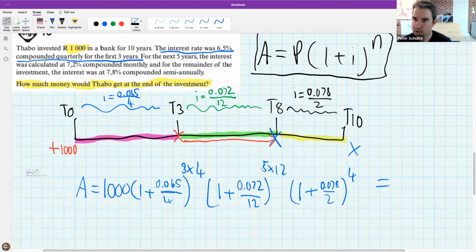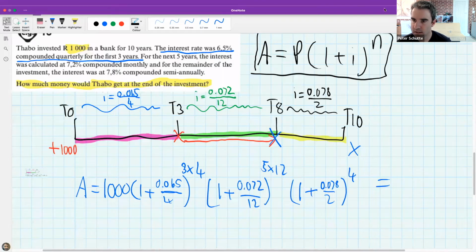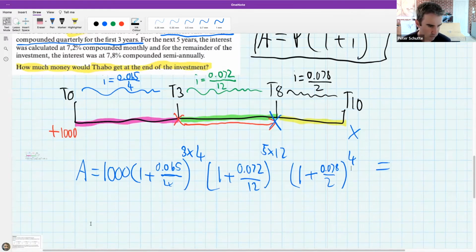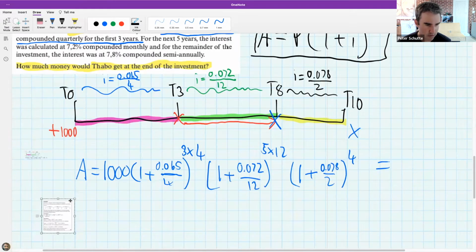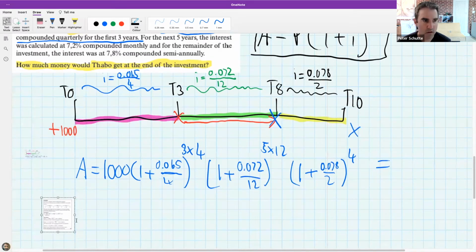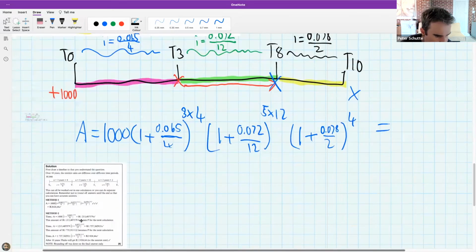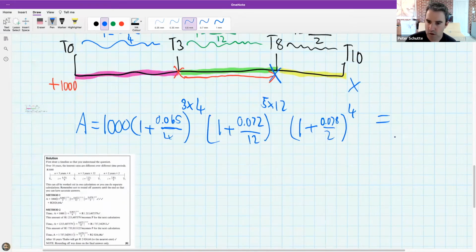You have to be pretty good with your calculator. I think I've got the answers down here. So the answer, I'm going to cheat. It's 2024.64 rands.